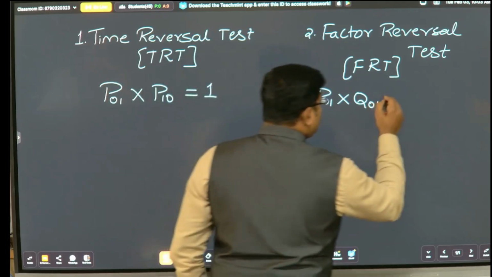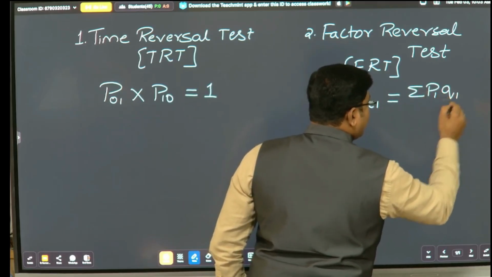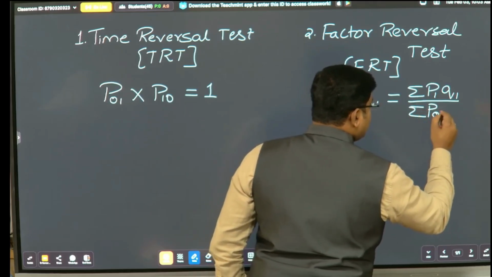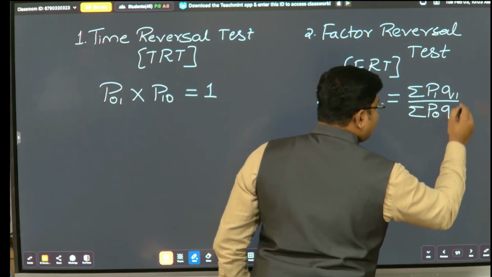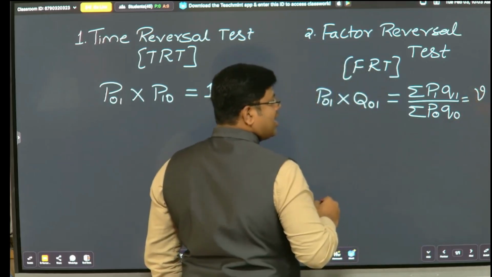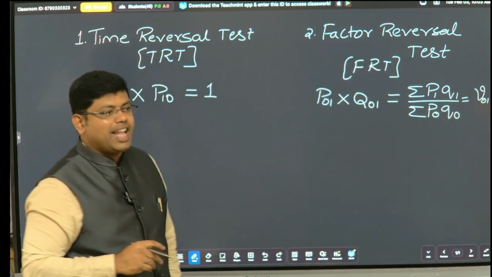It should be equal to summation P1Q1 divided by summation P0Q0, which is also equal to V01, the value.